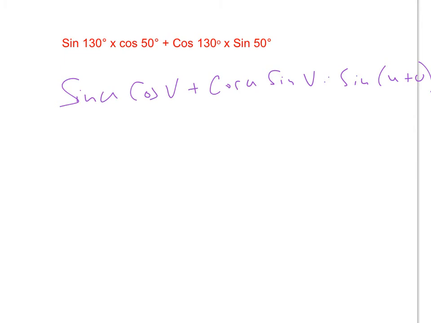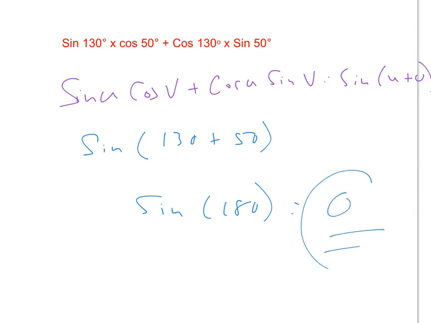All I'm going to do now is replace u with 130 and v with 50. So this is sine of 130 plus 50, which is sine of 180. Well, sine of 180 we know is 0. So my final answer is 0.